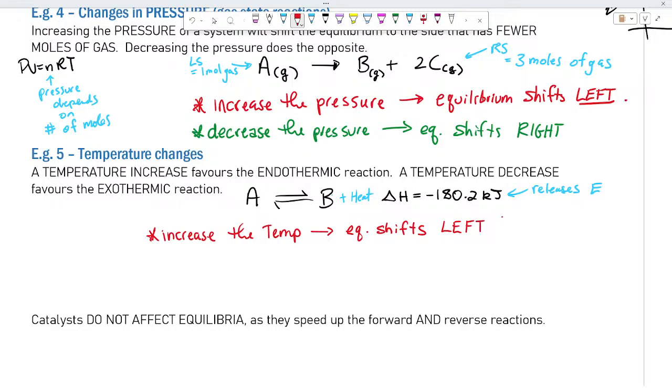It's going to shift left. So the concentration of A is going to go up or down, if this shifts left? Up. Very good. The concentration of B will go down. This is another way we can control the equilibrium state of a reaction.